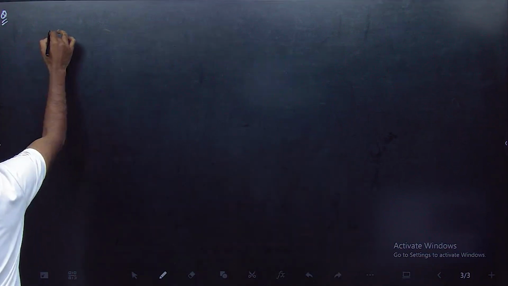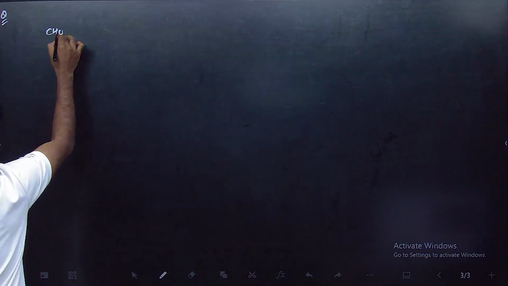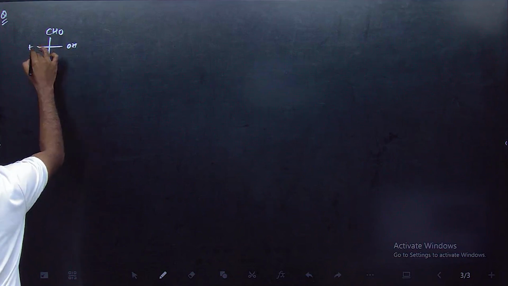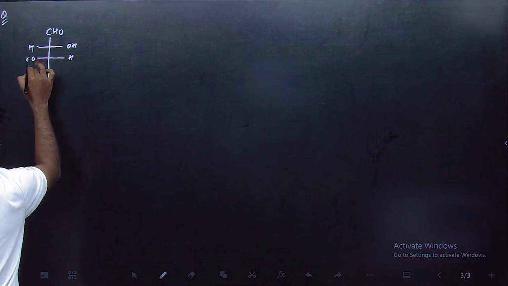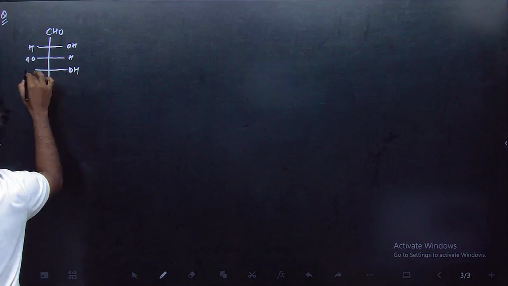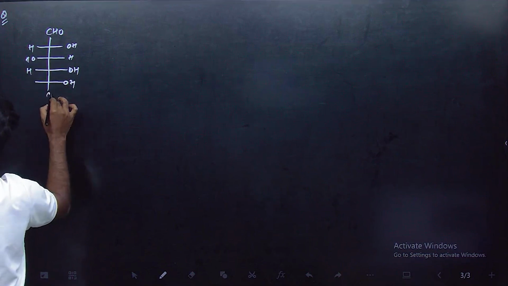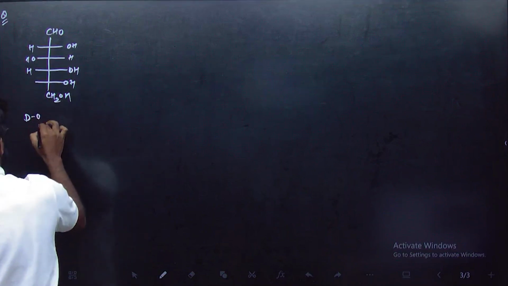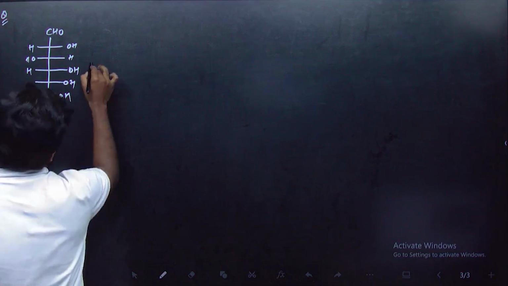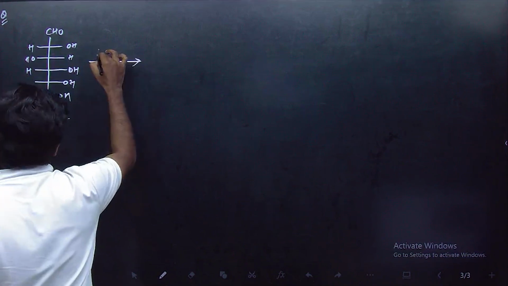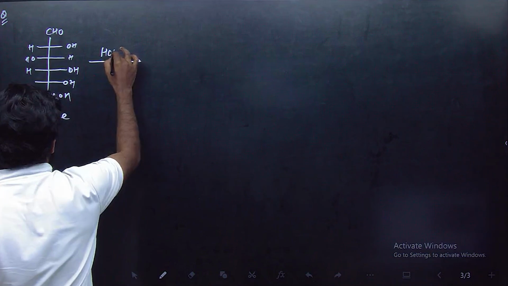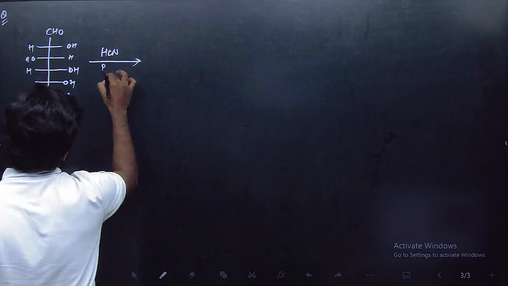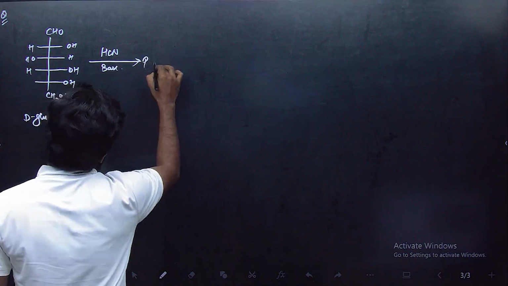Or maybe they can ask you in a different way. Let's suppose they have given you the structure of glucose in the Fischer form. They can do this. Suppose this is D glucose. And they react this with, suppose, HCN, base, you get this.